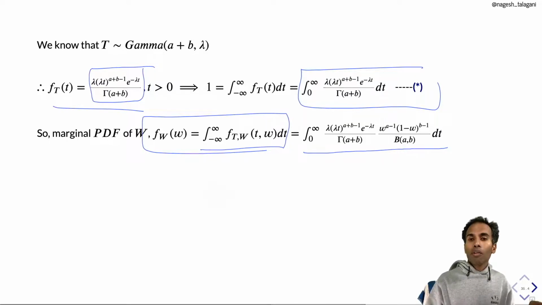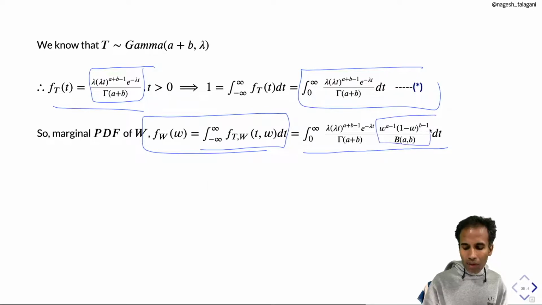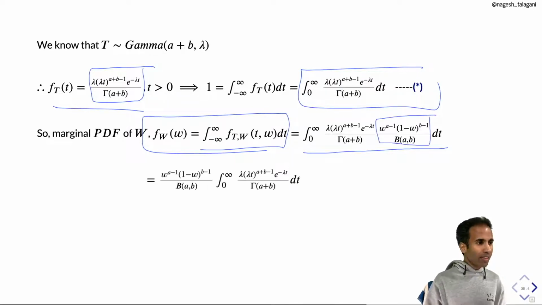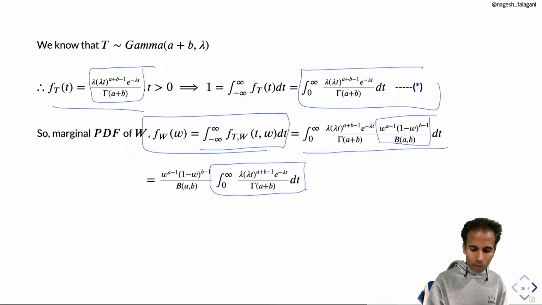When we are integrating with respect to t, things involving only w are going to be constant, right? So this whole thing we can bring out of the integration. Now we end up integrating only this part. But this value is going to be 1 from the start, right? Because this is actually the PDF of T, which is a gamma distribution with the parameters a plus b, lambda.